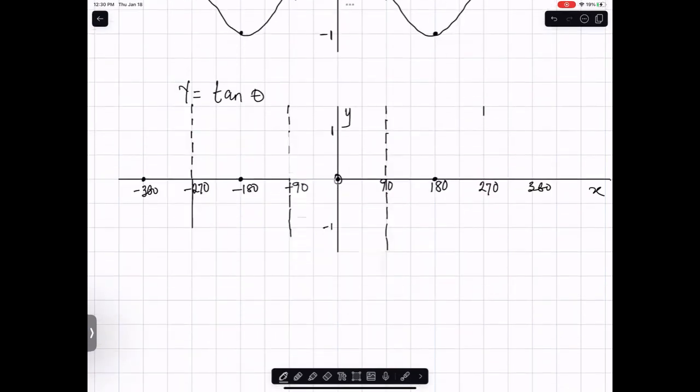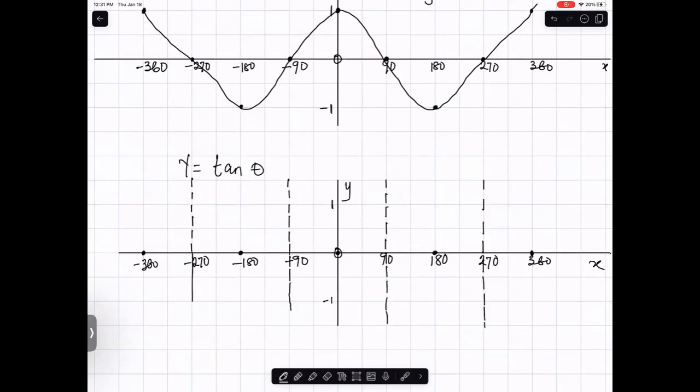So I have my value as this, down. Then for 360, what do we have? We have that as 0. So having gotten this, we are going to plot our tan graph. Our tan graph is a little bit different from our cosine graph and our sine graph.